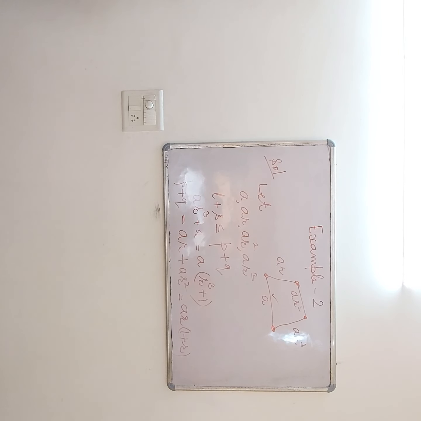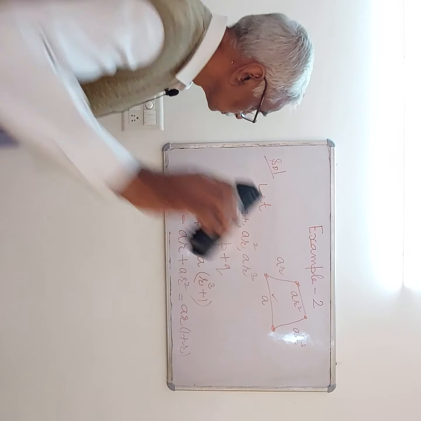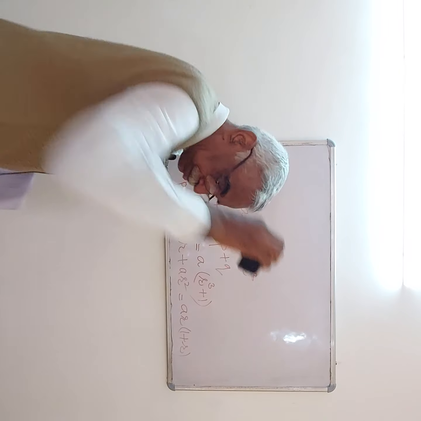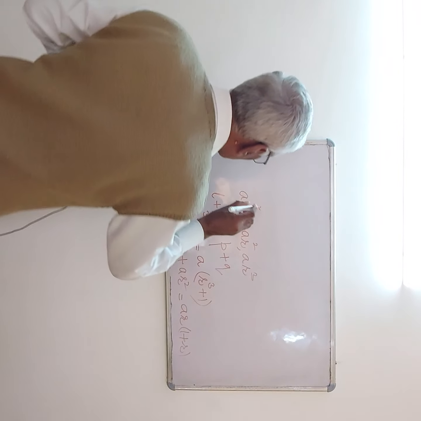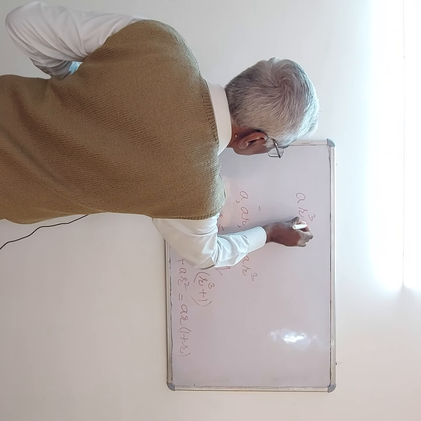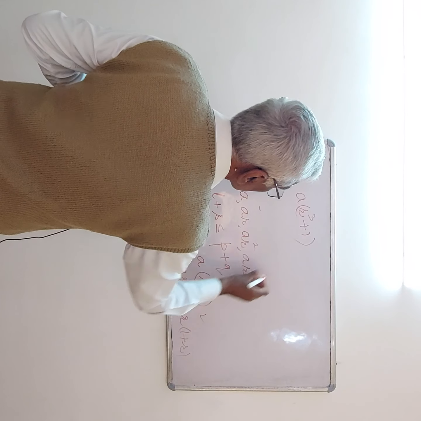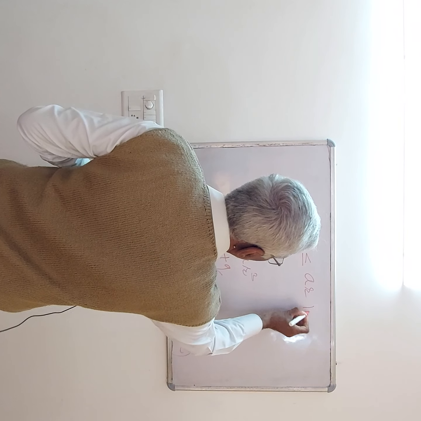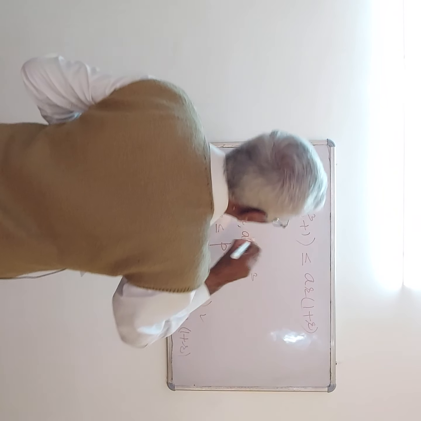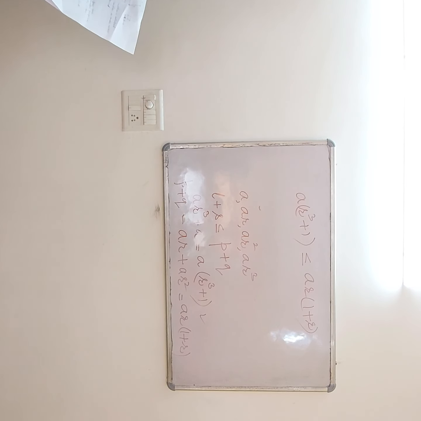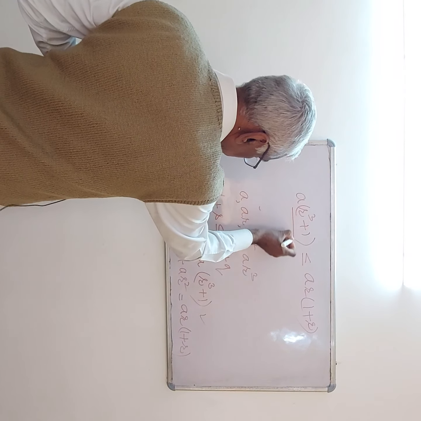So, according to Grashof law, A(R cube plus 1) should be less than or equal to AR(1 plus R). It can be factorized.